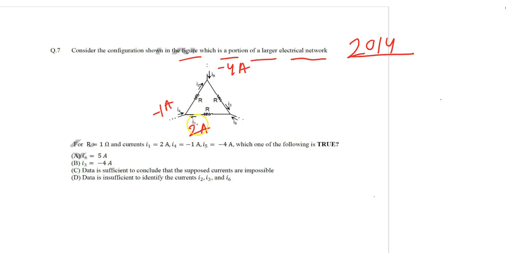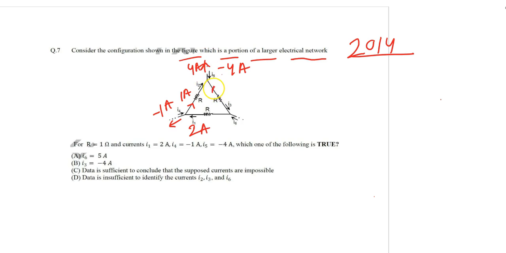So first you check, this is a 2 ampere. Here it is coming minus 1 ampere. That means current is going in this direction, 1 ampere. So how much current is left? 1 ampere. How much current is going through this side? 4 ampere.